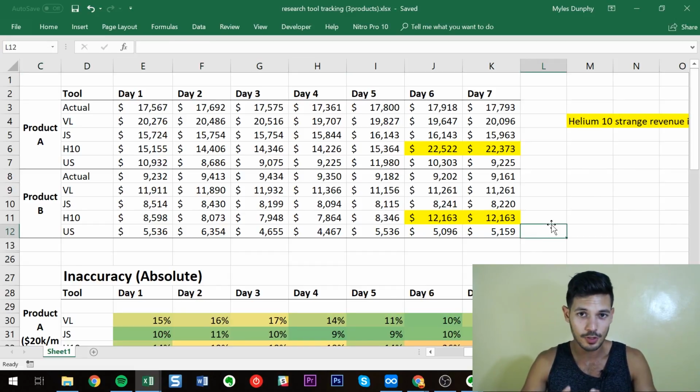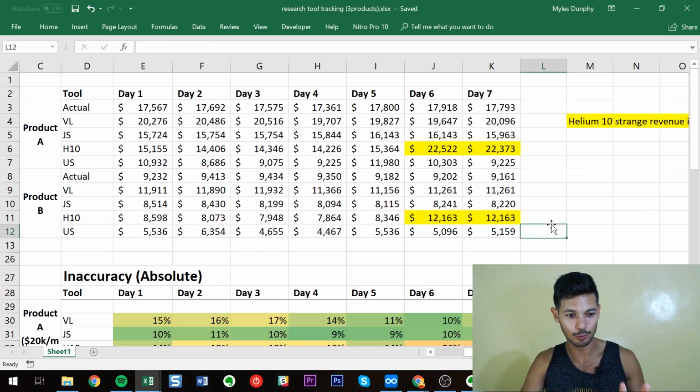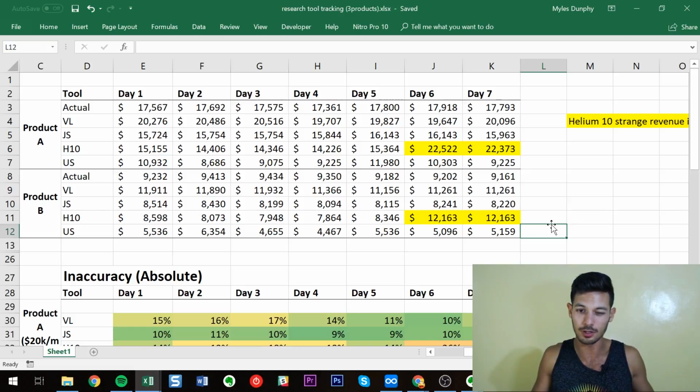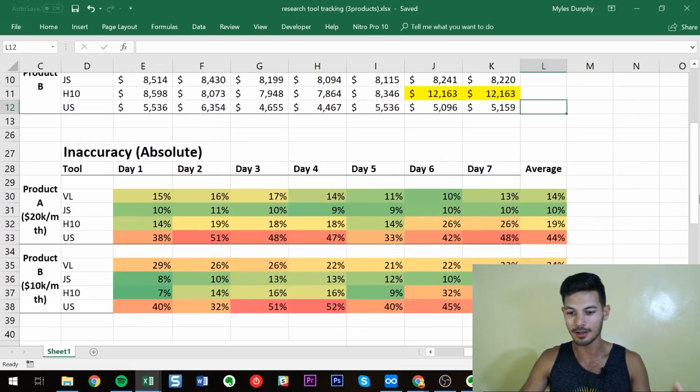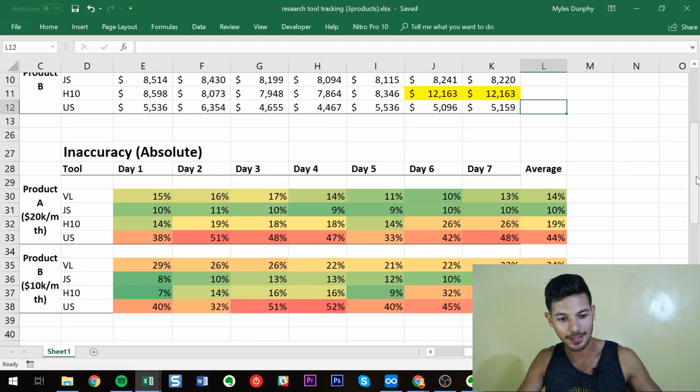So the process here was pretty similar. In this case, I only picked 2 products, but I chose a 7-day period, and then I tracked the real sales history, 30-day sales history, the real data versus Viral Launch versus Jungle Scout versus Helium 10 versus Unicorn Smasher. I tabulated all of that, and then I calculated the daily inaccuracy for each of the tools against the real data.